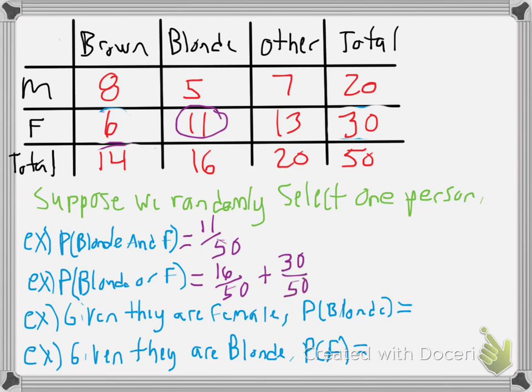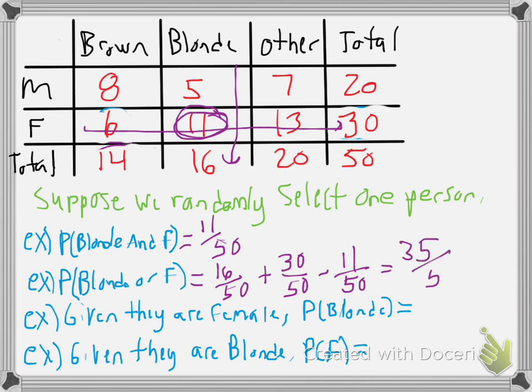But we counted this 11 that I have circled twice, when we counted the blondes and then the females. So we have to subtract that off, minus 11 out of 50, and we'll get our answer. 16 plus 30 is 46, minus 11, 35 out of 50. That is the addition rule from 5.2.